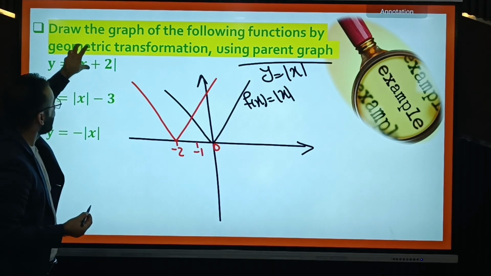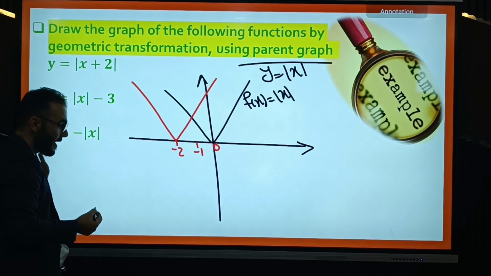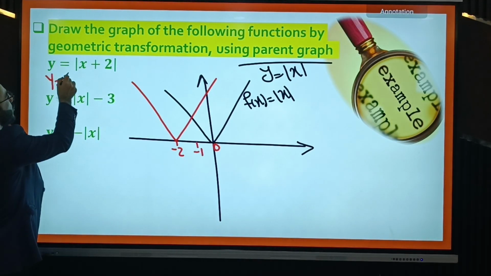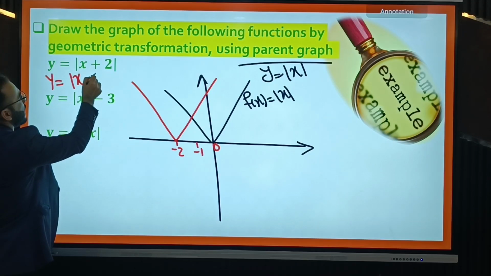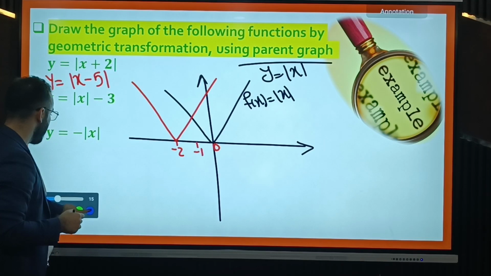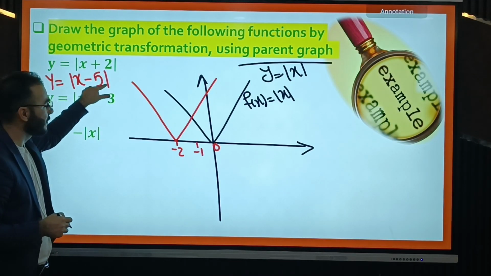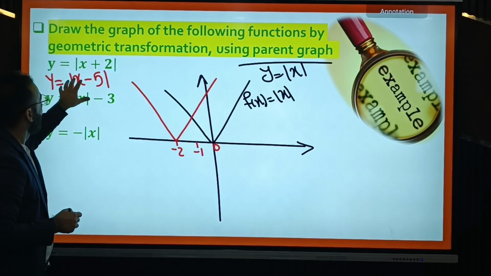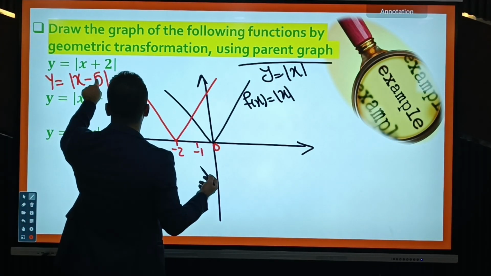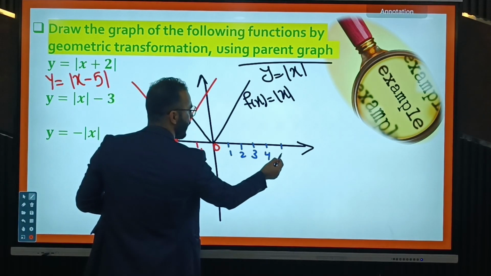If there was a number added to x, we need to move to the left. Let's say we have y equals the absolute value of x minus 5. Since we have a negative here, x subtracted by 5, we will go to the right, 5 units: 1, 2, 3, 4, and 5.